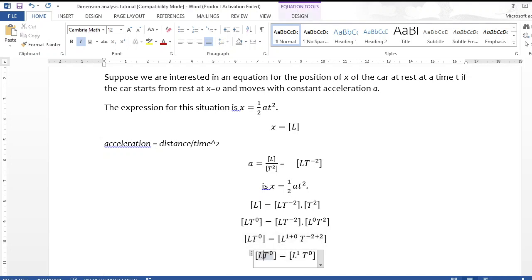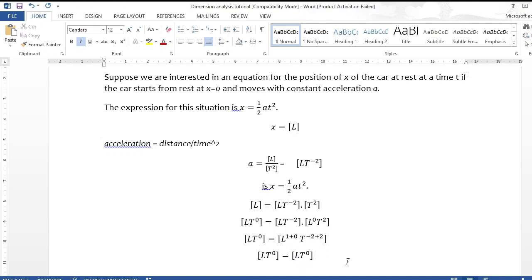Similarly here, if you have L t to the power 0, L has a hidden power of 1, and it's also the same as removing this 1 from here and just having only L t to the power 0.